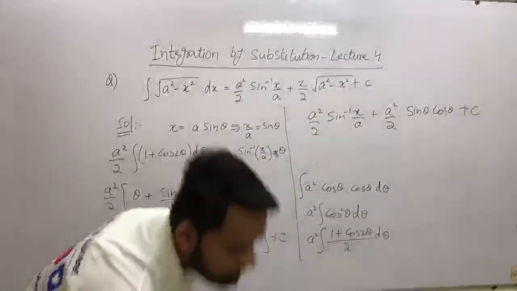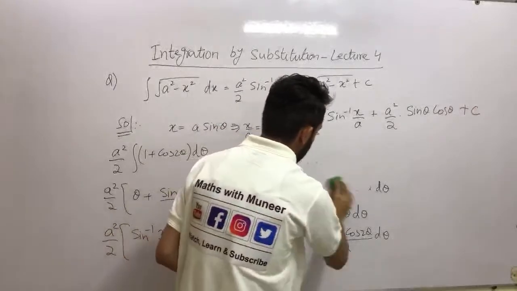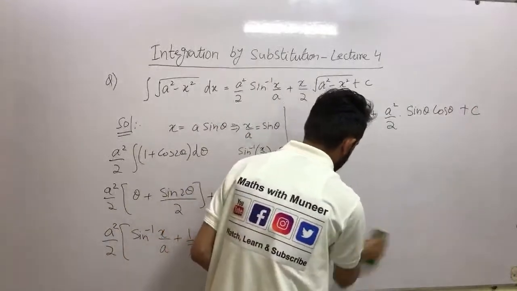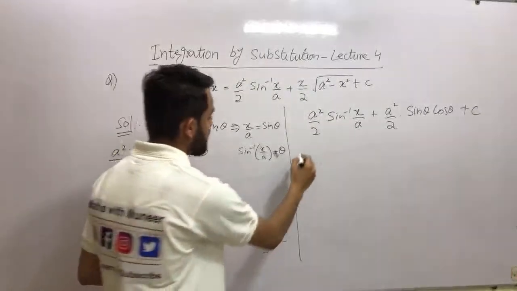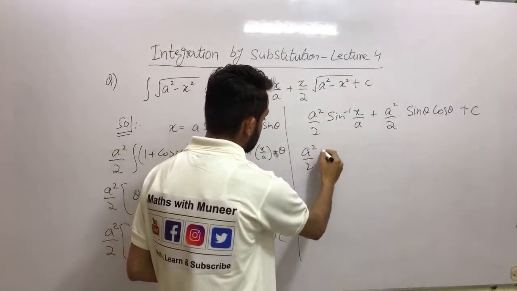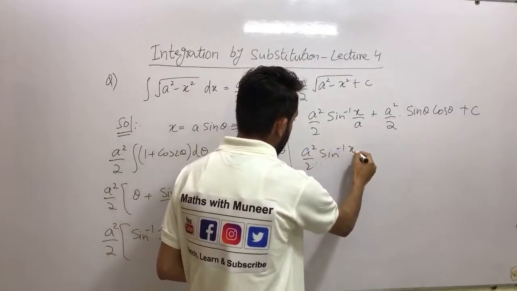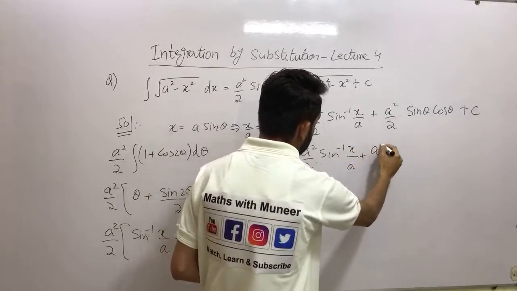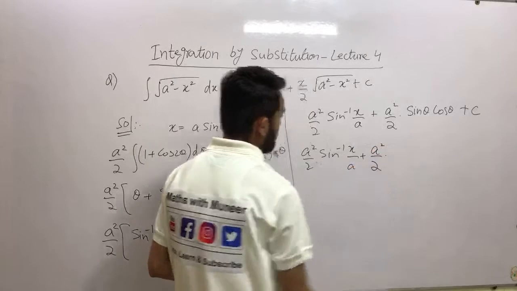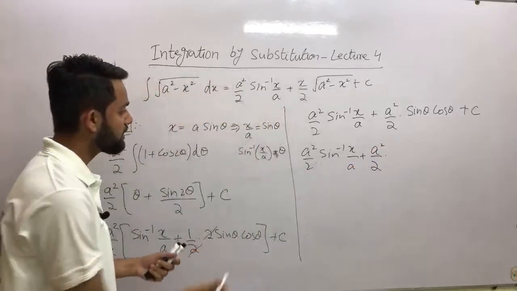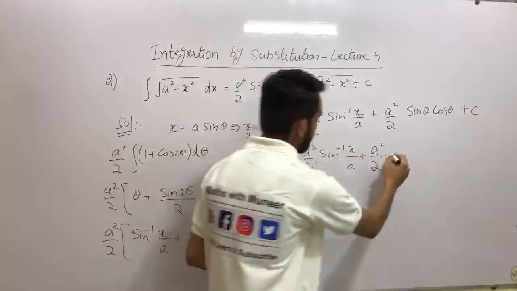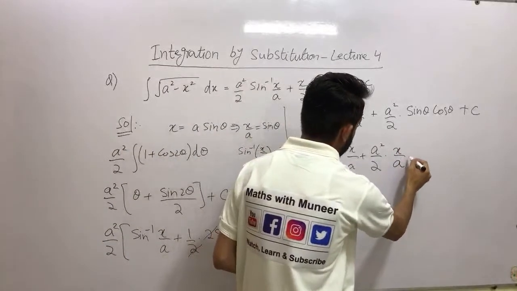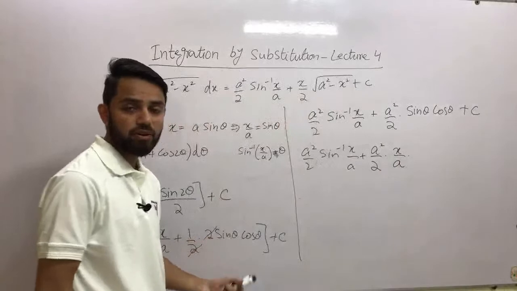Okay, now this would be a square over 2 sine inverse x over a plus a square over 2 dot sine theta. What's the value of sine theta? You already know that sine theta is equal to x over a. So x over a dot, what's the value of cos theta?